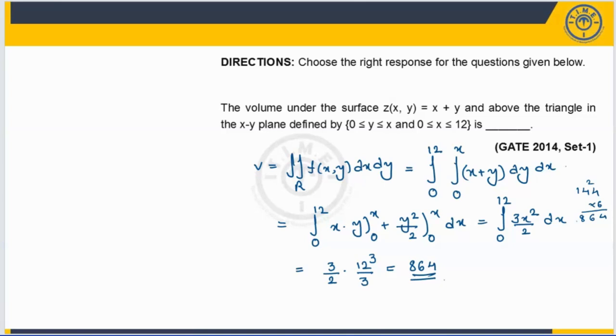Right. And the targeted audience are EC, electrical, and mechanical. For triple integrals, the targeted audience are electrical, electronics, and mechanical.